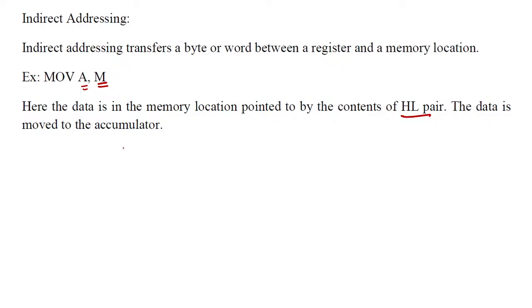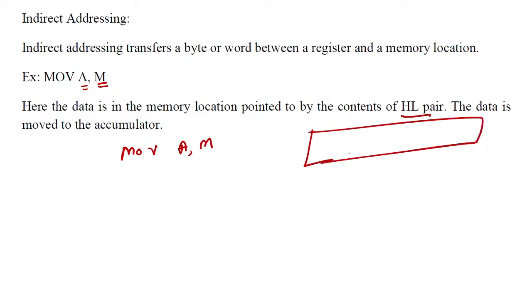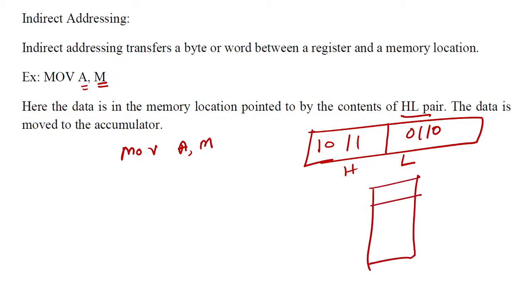So if we have an instruction like MOV A, M, this means that we have a register pair HL. I told you that we have B, C, D, E, H, L registers, and the HL register pair can be used together to keep 16-bit data or a 16-bit address. Let us say we have a 16-bit address like this, 1011.